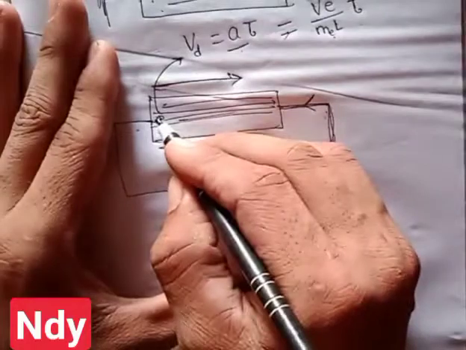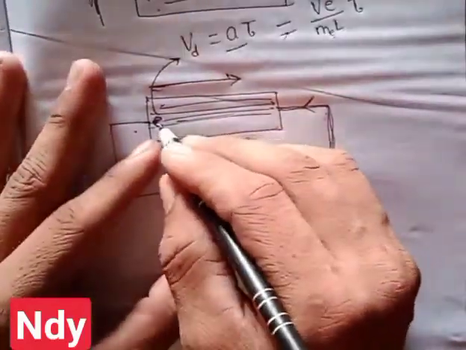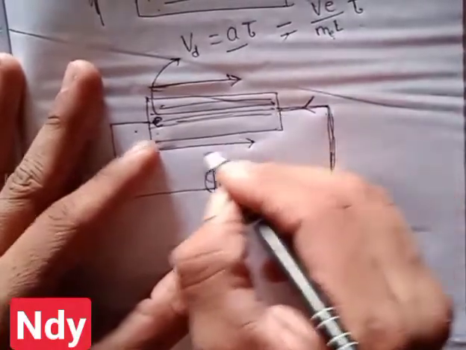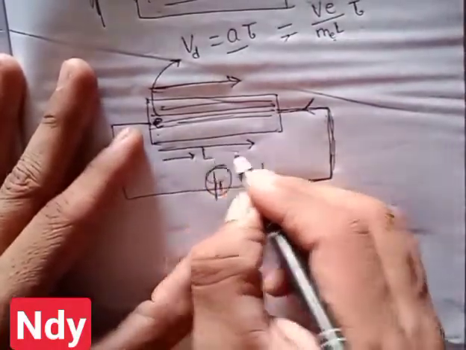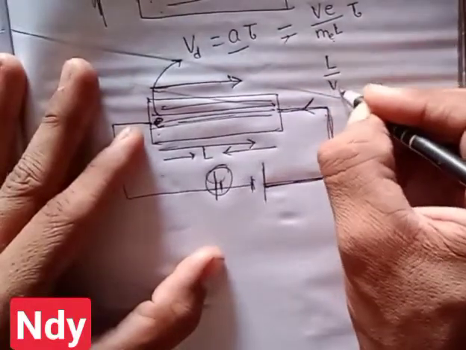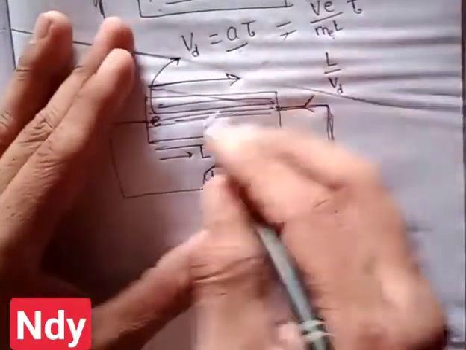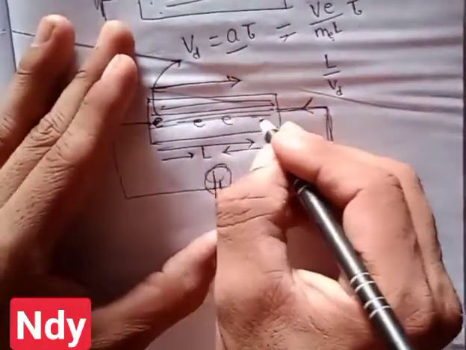How much time will an electron take to come from here to here? If this length is L, the time taken is clearly L by Vd.